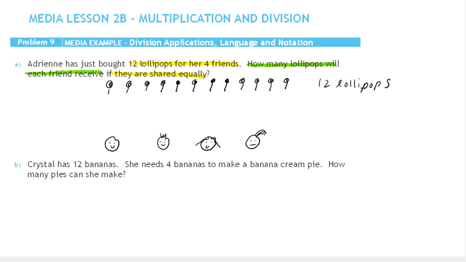Or equivalently, we want to take the 12 lollipops and partition them into 4 groups of equal size. And our goal is to find the size of the groups.